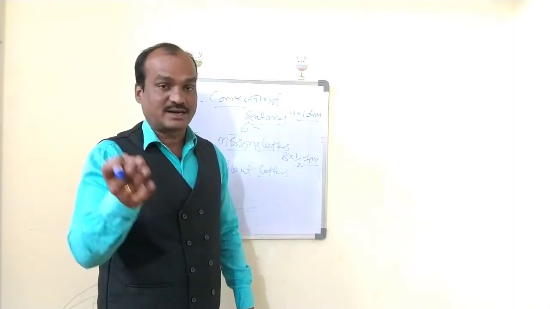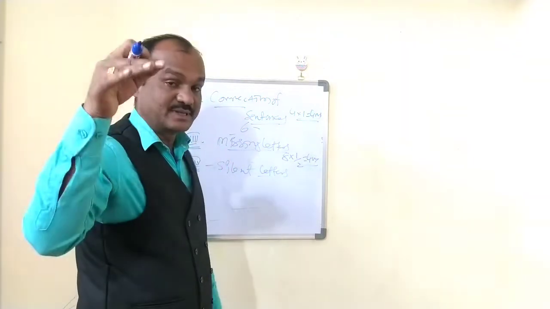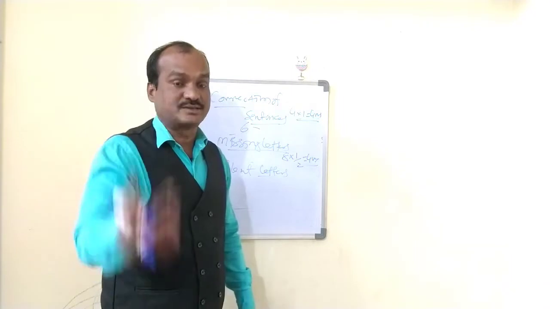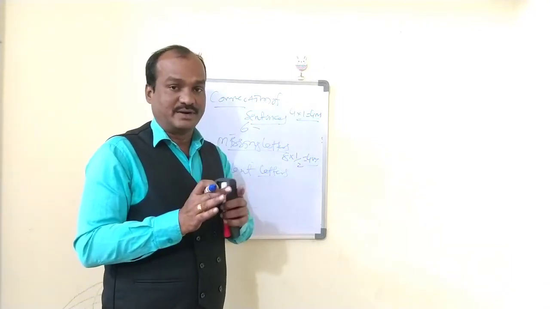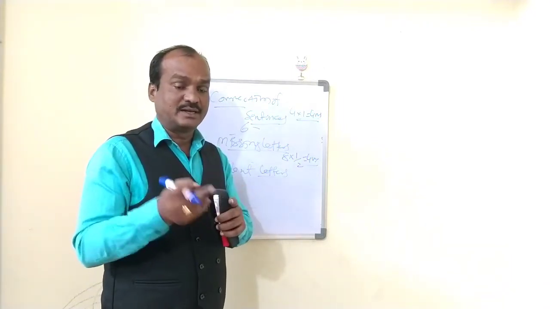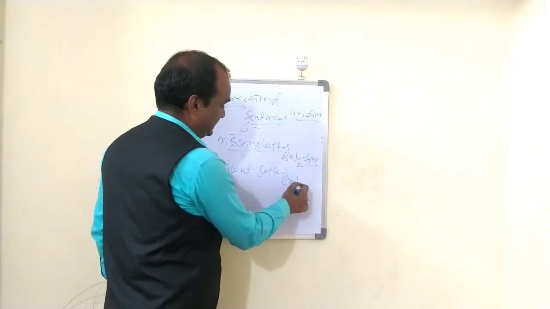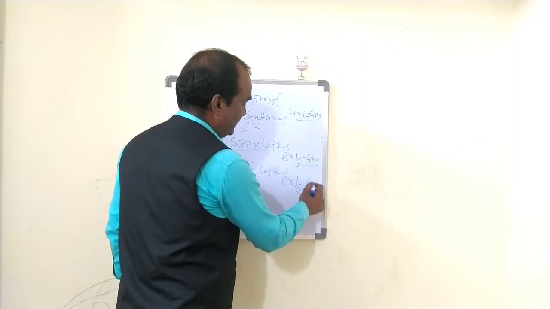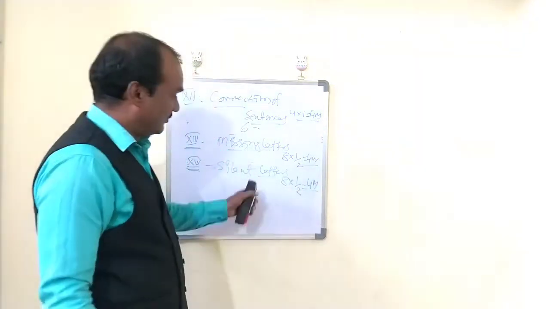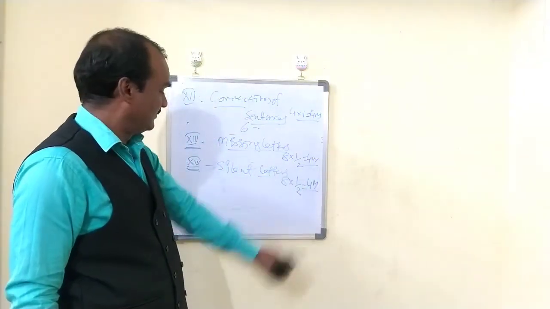That kind of letters are called silent letters. So we need to identify the silent letters in the given words. Some words are given to you, and we need to identify the silent consonants in them. Here again, you will get 8 into half, 4 marks. Okay, 4 marks.